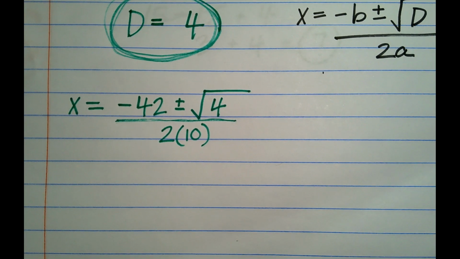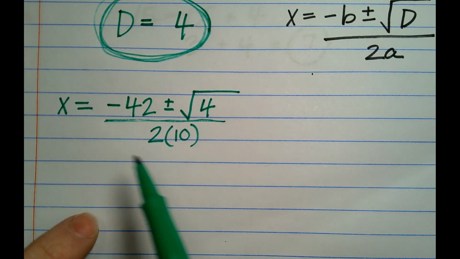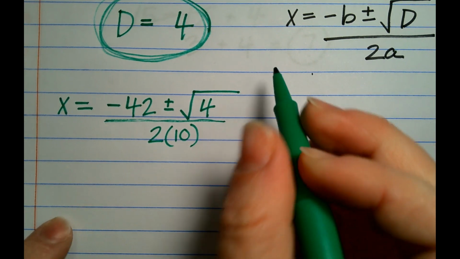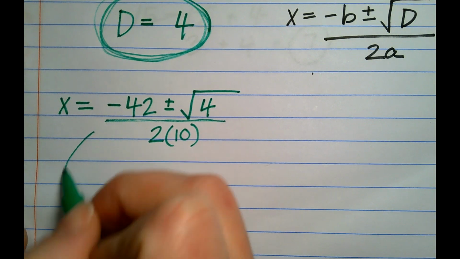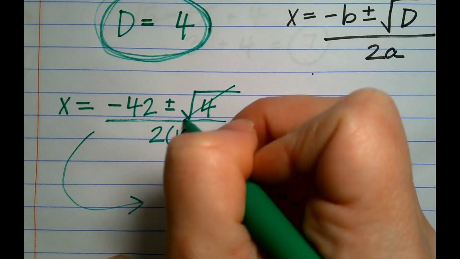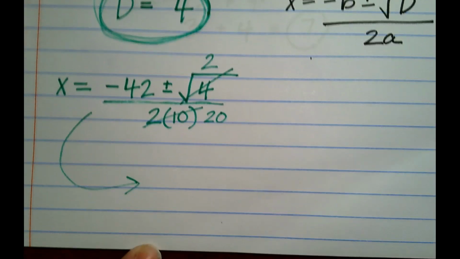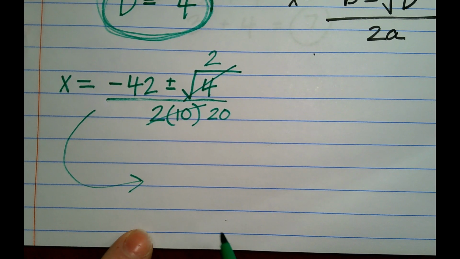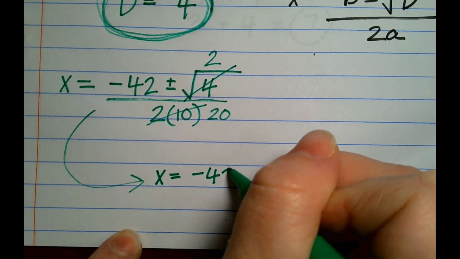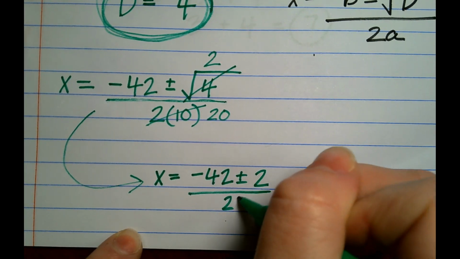So, if I wanted to rewrite it, first of all, what's the square root of 4? 2. 2 times 10 is 20. So now I have x equals negative 42 plus or minus 2 divided by 20.